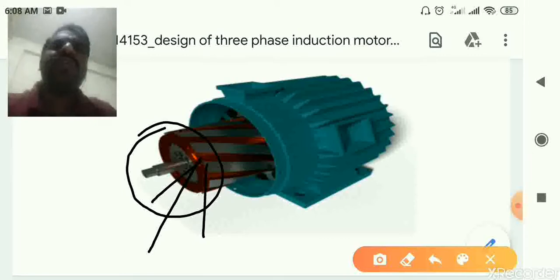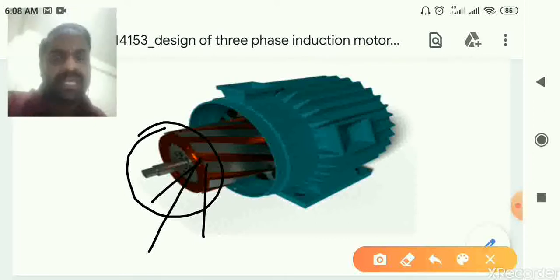I have already told in the first slide while explaining the working principle of the induction motor that the construction of the rotor is short circuited in nature. So here we are short circuiting all the conductors housed in the slots through the end rings.